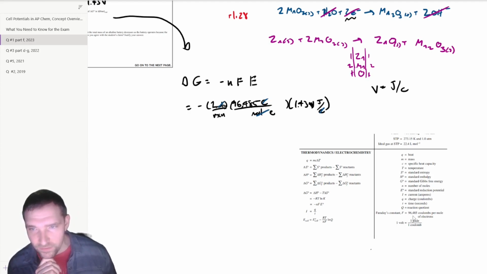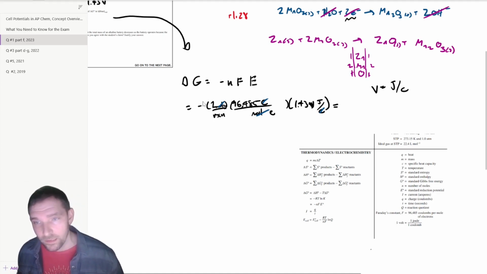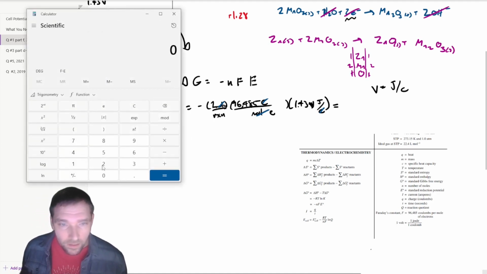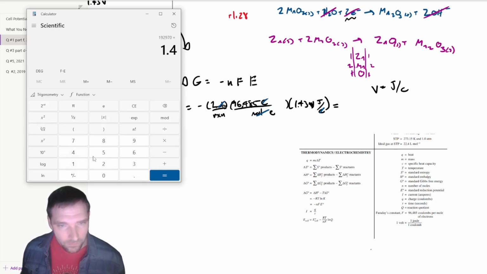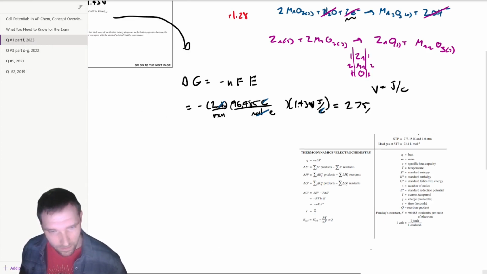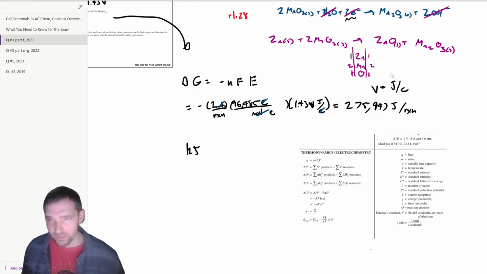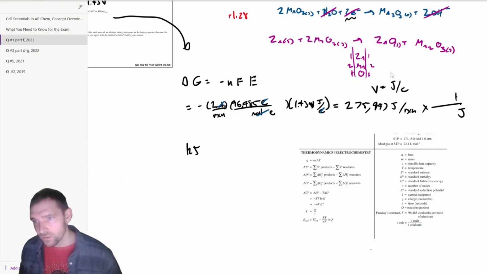And this should then leave us with something that's just in joules, but they want it in kilojoules. So you would do this math. Let's just go ahead and do that. 96485 times 2 times 1.43. Okay. That's joules per reaction. And if you want to do that as kilojoules, you just convert joules to kilojoules.